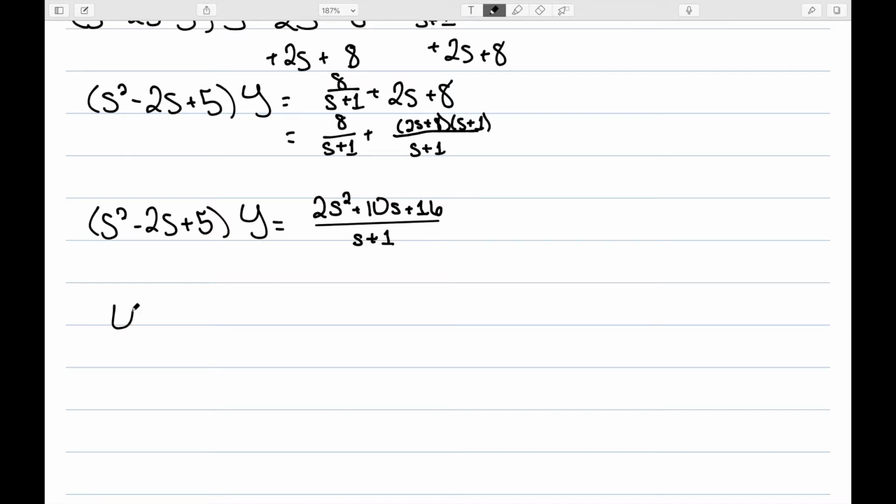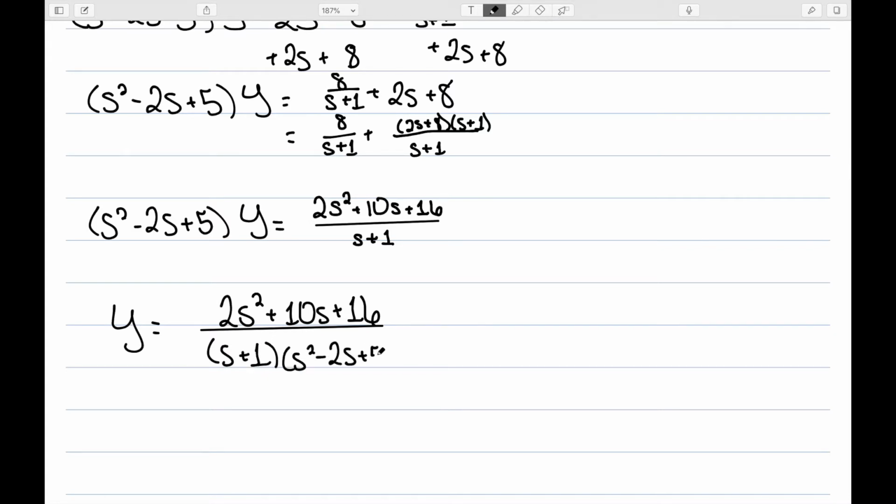We can then divide both sides, and I get Y is equal to 2s squared plus 10s plus 16 over s plus 1 times s squared minus 2s plus 5.